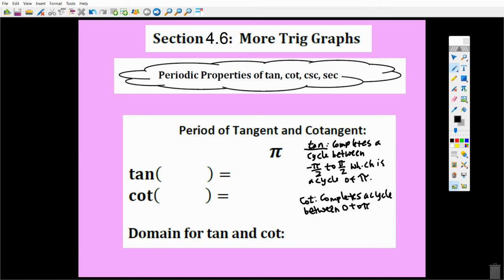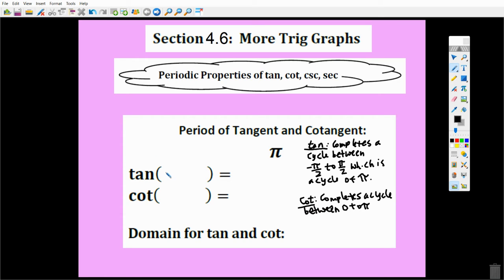So again, from 0 to pi, the distance is pi units. Therefore, both of them have a full cycle completed in the distance of pi, even though tangent starts from negative pi over 2 and ends at pi over 2, and cotangent starts at 0 and ends at pi.